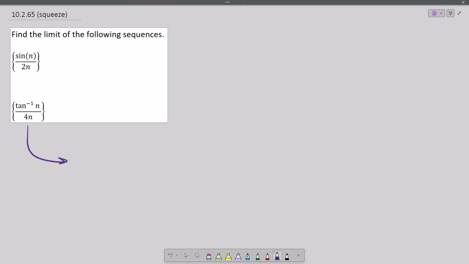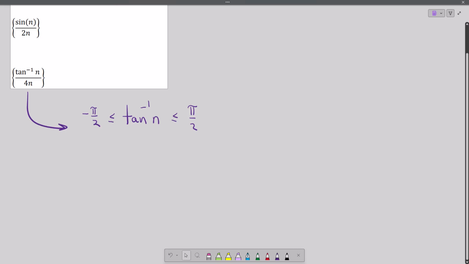Now, the idea with squeeze theorem is fairly straightforward in concept. We are thinking about part of the expression as being a bounded function. So that's the bound on inverse tangent. It's strict inequality, less than, but it's also true that it's less than or equal to. A lot of people prefer the less than or equal to because of what's about to happen.